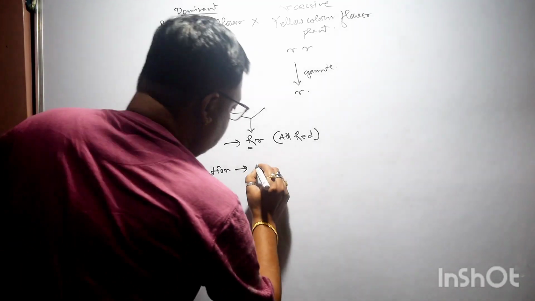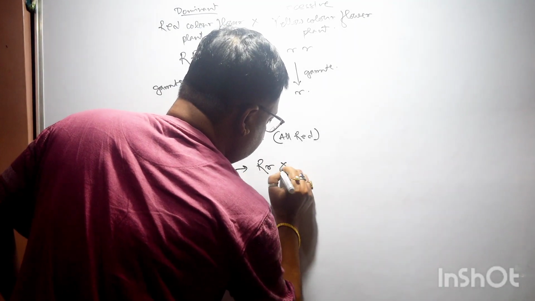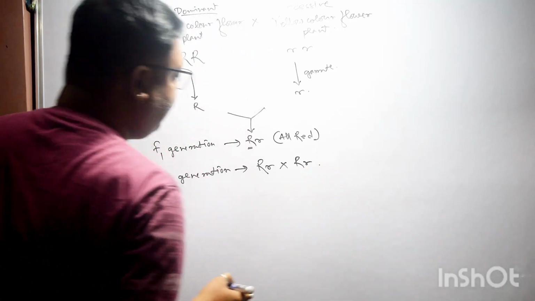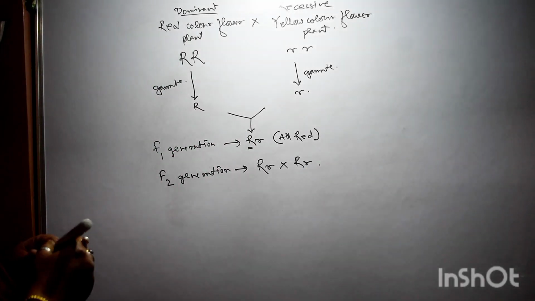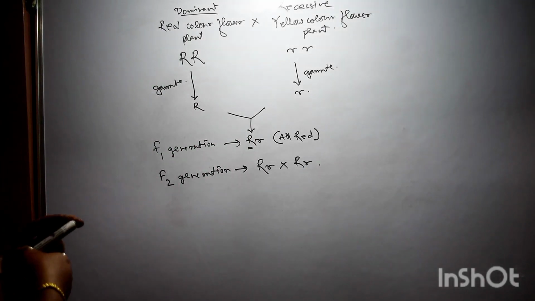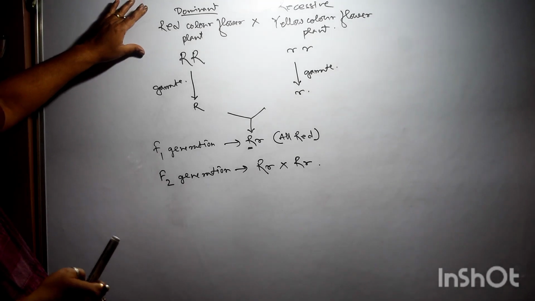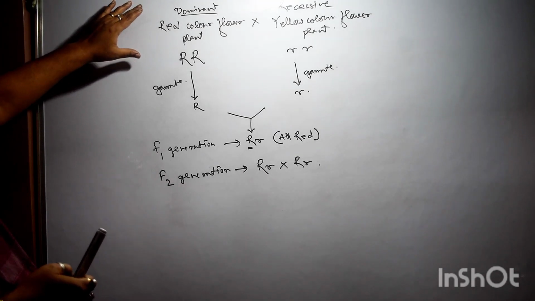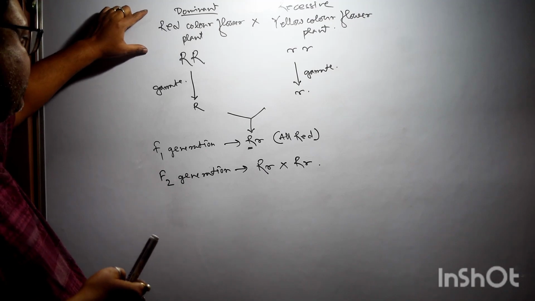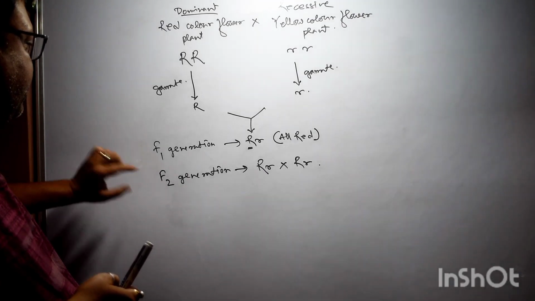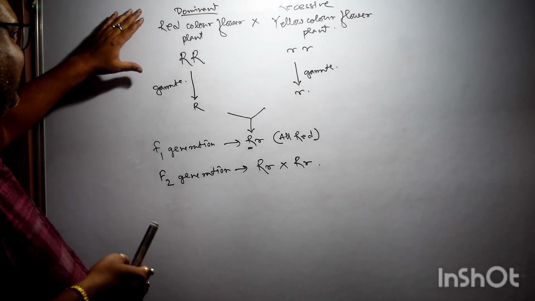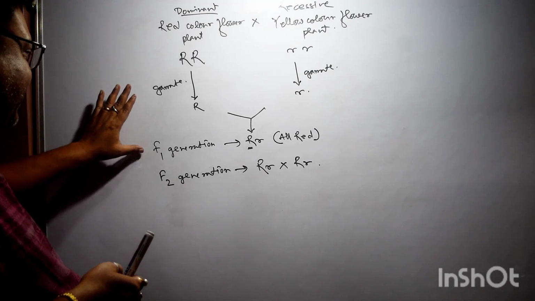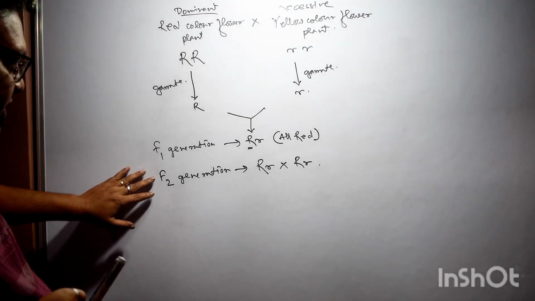We have to self cross this heterozygous capital R small r and capital R small r. This is the parent generation, first generation, second generation, or you can say grandfather's generation, parents generation, progeny generation.